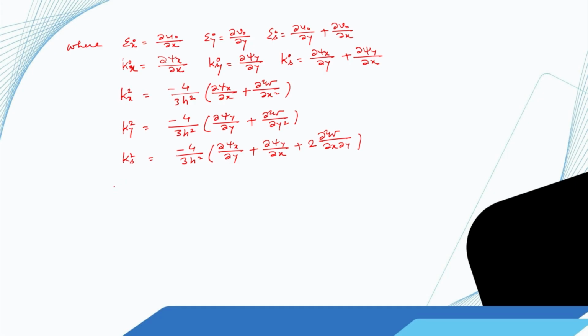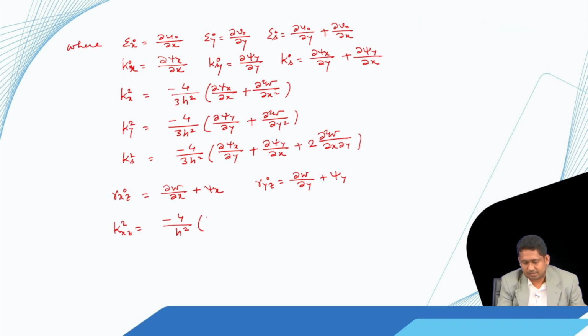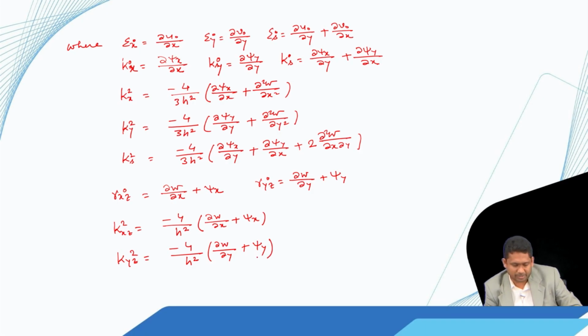and before that let us define gamma x z 0, and that we have seen that we can get from this quantity. So, we just differentiate this with respect to z. So, that will give us minus 4 by h square into del w by del x plus psi x, and similarly kappa y z 2 becomes minus 4 by h square into del w by del y plus psi y.